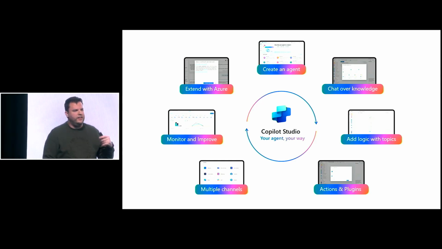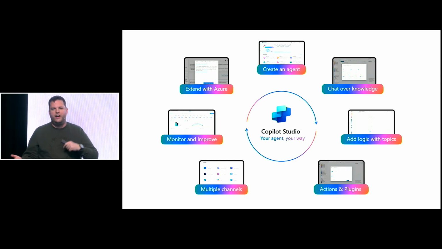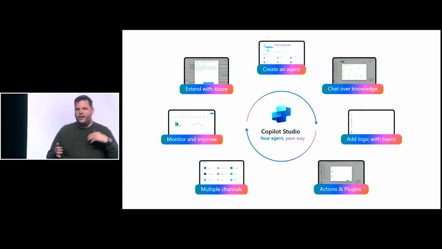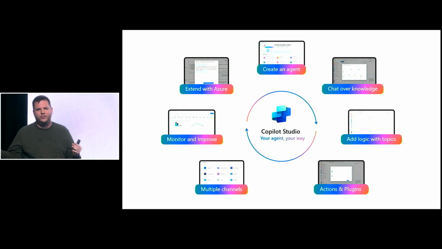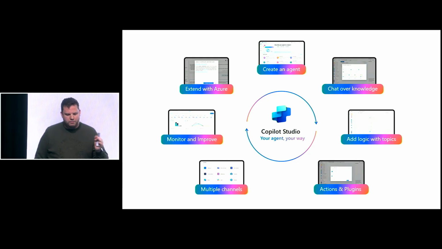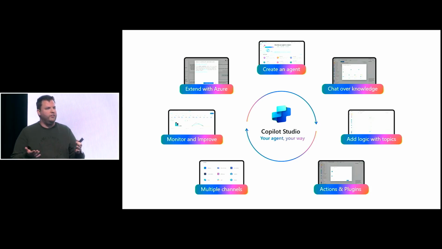And after that, when you added it to all those channels, you might want to see what the users are actually doing. Are they enjoying your agent, or are they not enjoying it? What should you improve, etc.? Those kinds of things are possible in the monitor and improve stage, and that's basically an analytics view of your agent.